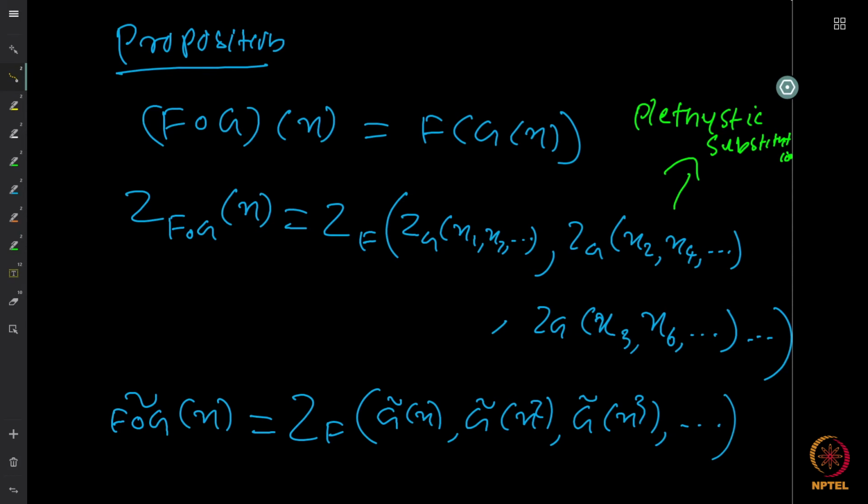This kind of substitution is called a plethystic substitution. It has a name. Again, we won't go into any further details, but it should be clear what we are doing here.